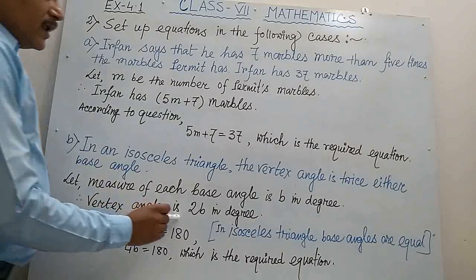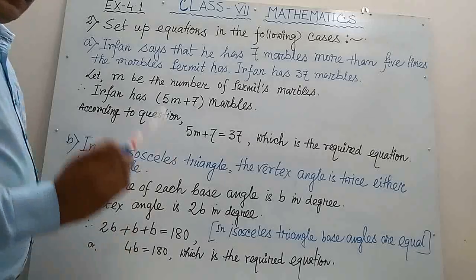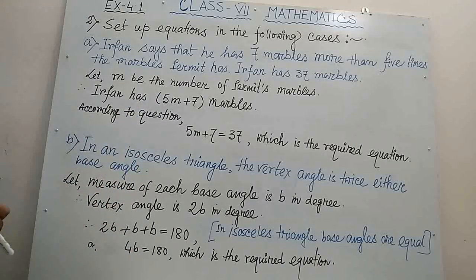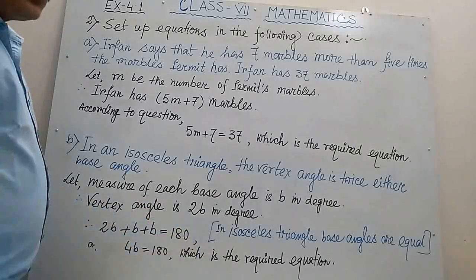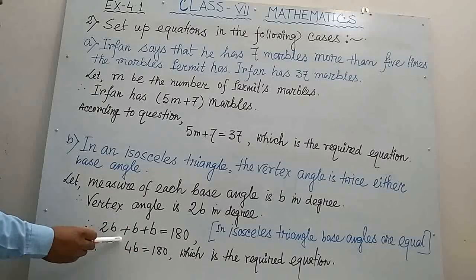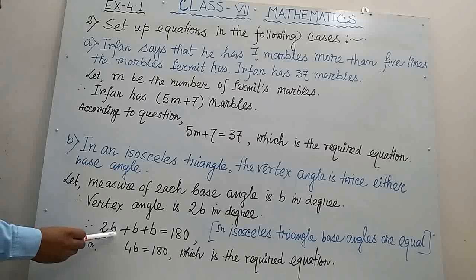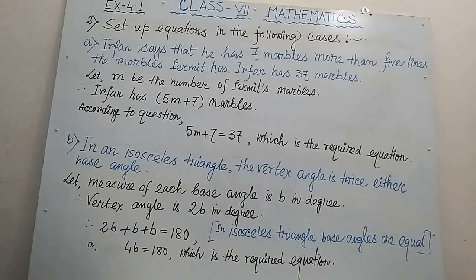Now the vertex angle is 2b. How many angles are in a triangle? 3. 1 vertex angle, 2 base angles. And as the triangle is isosceles, its two base angles are equal. So the vertex angle is 2b and the two base angles are b and b.